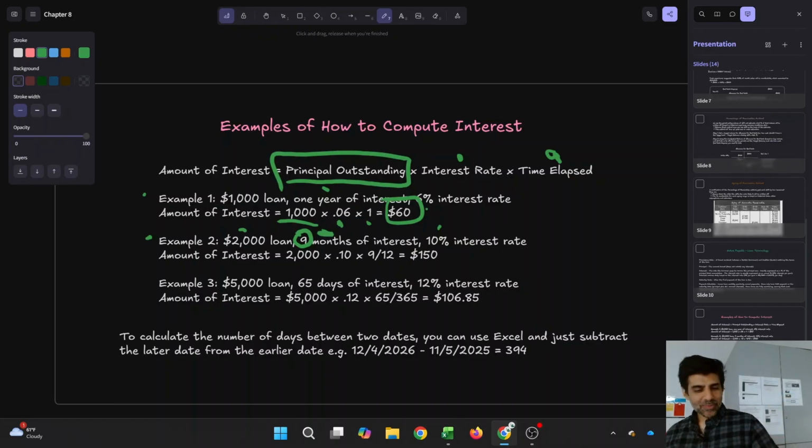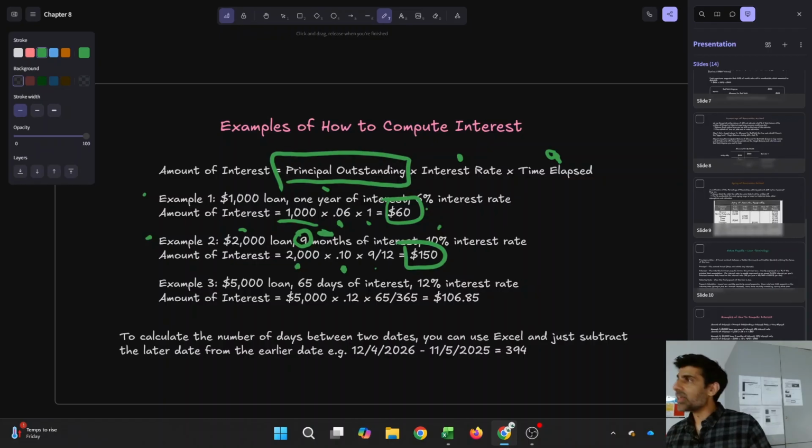Principal amount times the rate times, and again, this is a yearly rate, so you need the fraction of a year. 9 months over 12 is going to give you 3/4, right? So you're only going to calculate interest for 3/4 of a year, and you get $150.